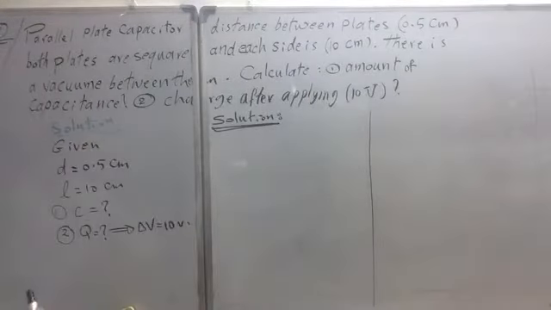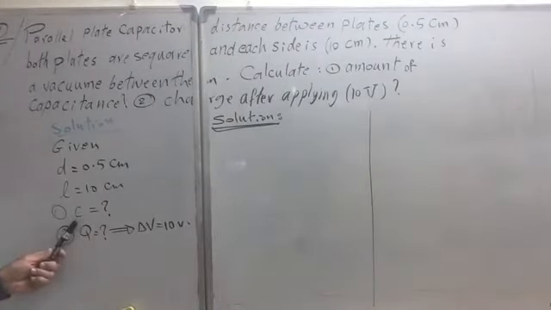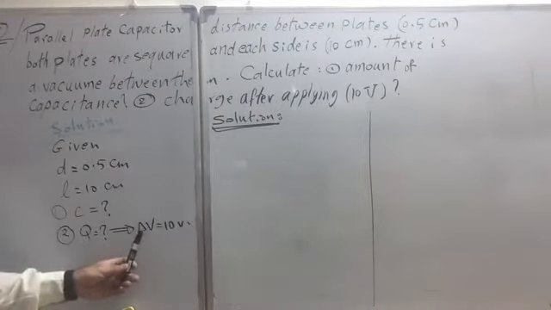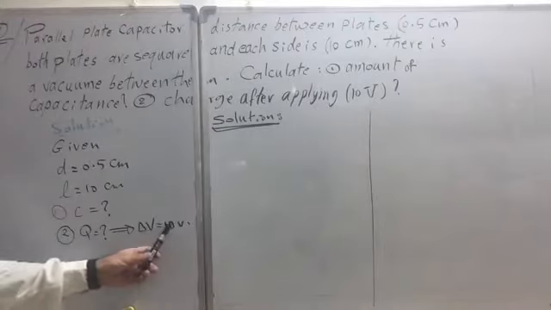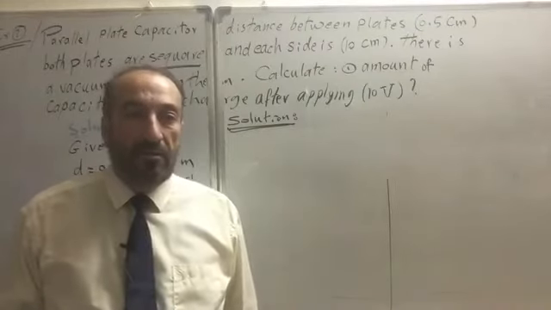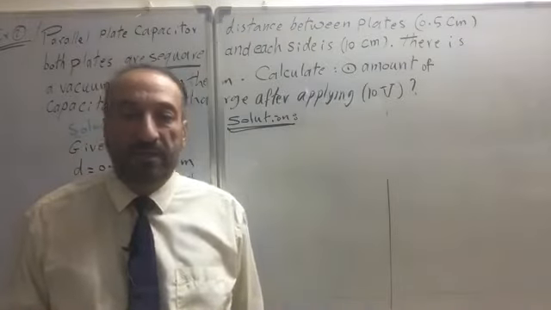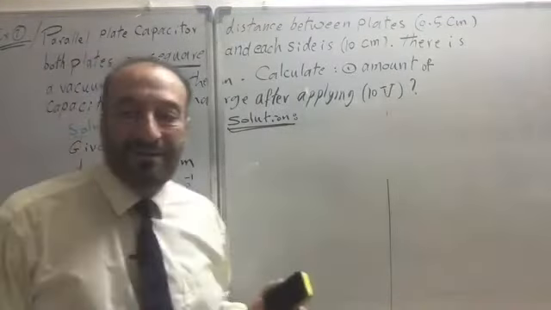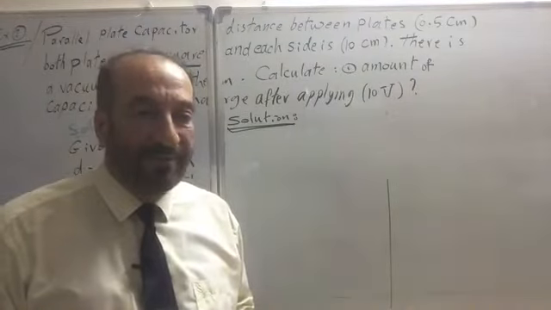Okay. First order, the capacitance, C. The second order, the charge, when we apply a difference voltage equal to 10 volts. Now, is there any difficulty to obtain the given? I think it's so easy. Okay.